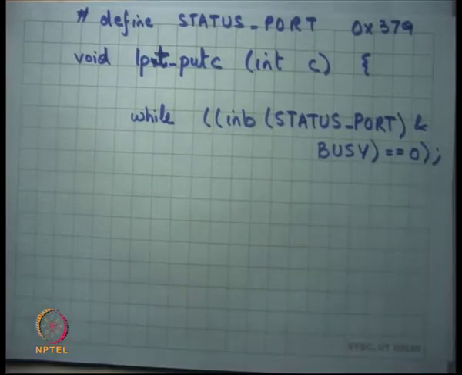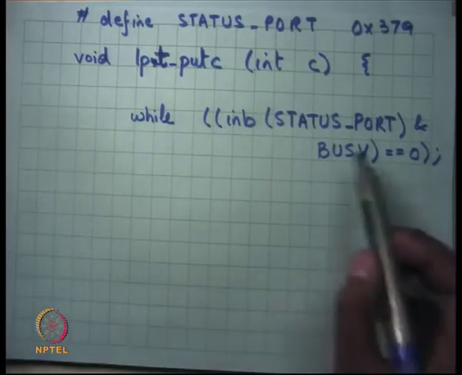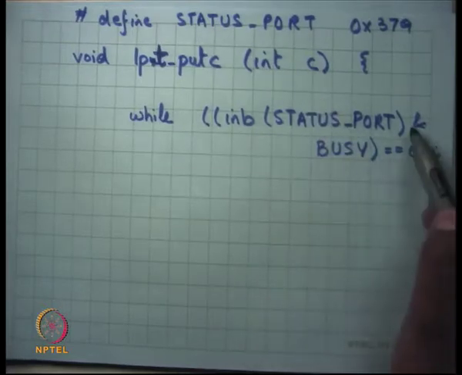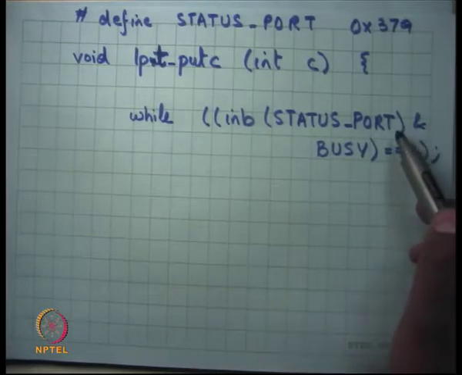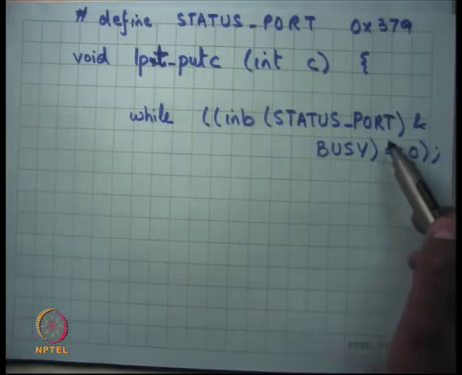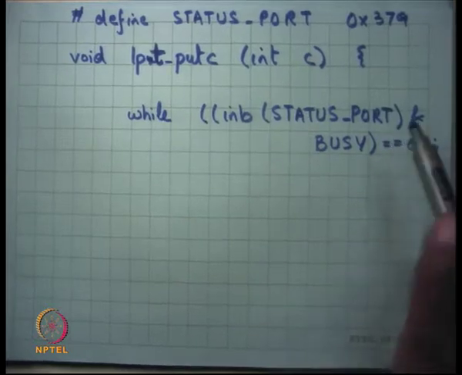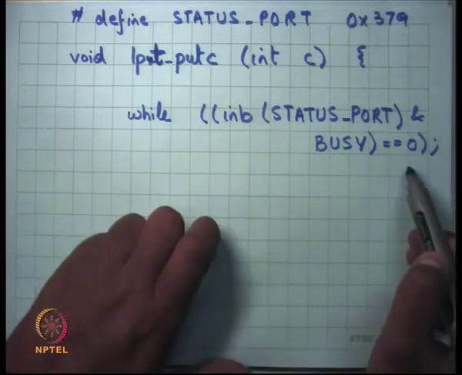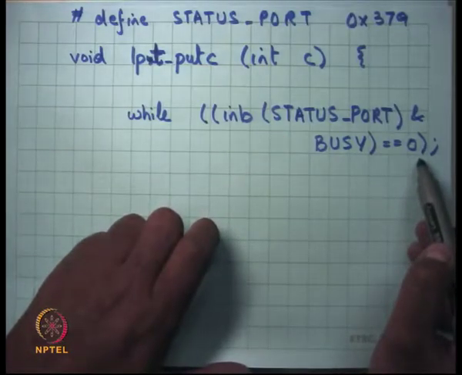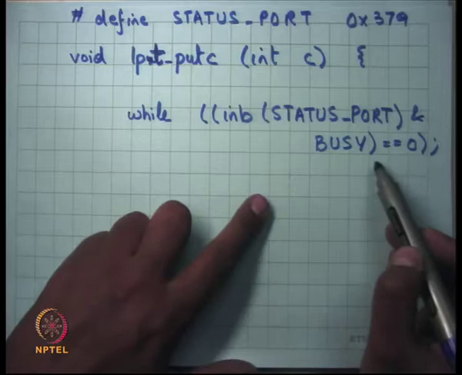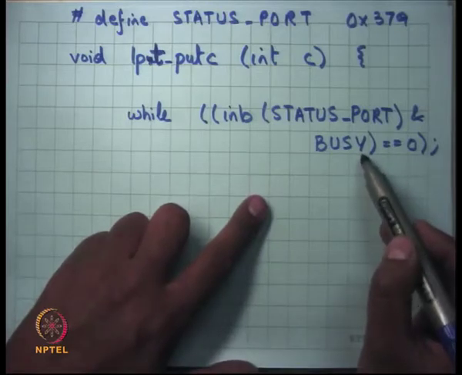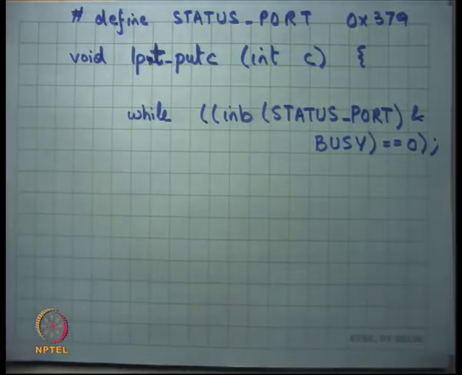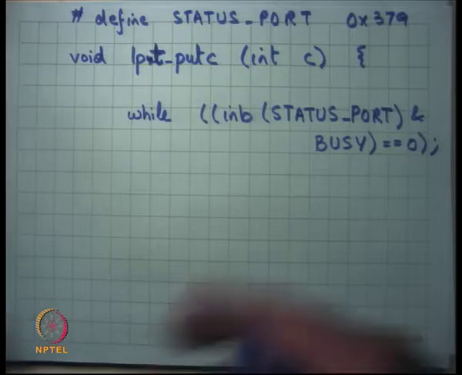Let's say busy is also some number, and you AND it, and till it's busy you keep spinning. So it keeps spinning till the status is busy. As soon as the status becomes not busy, it's going to break out of the loop.